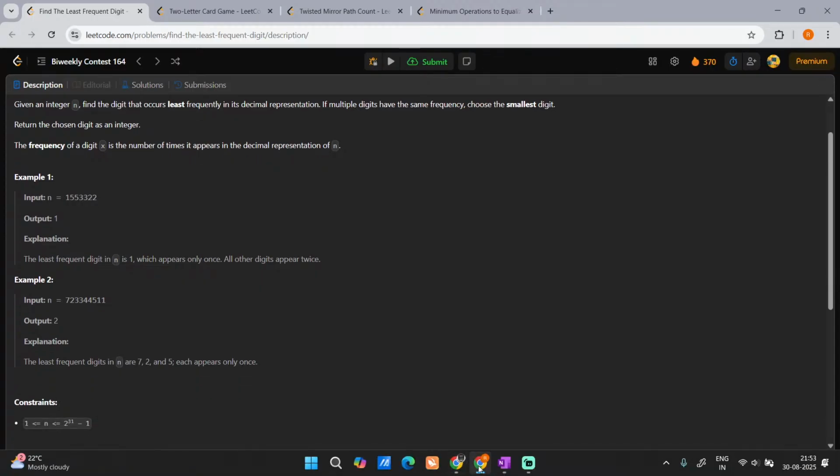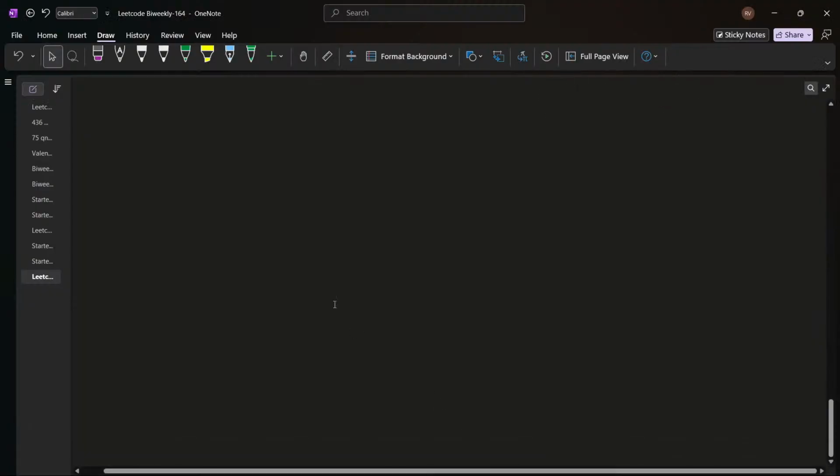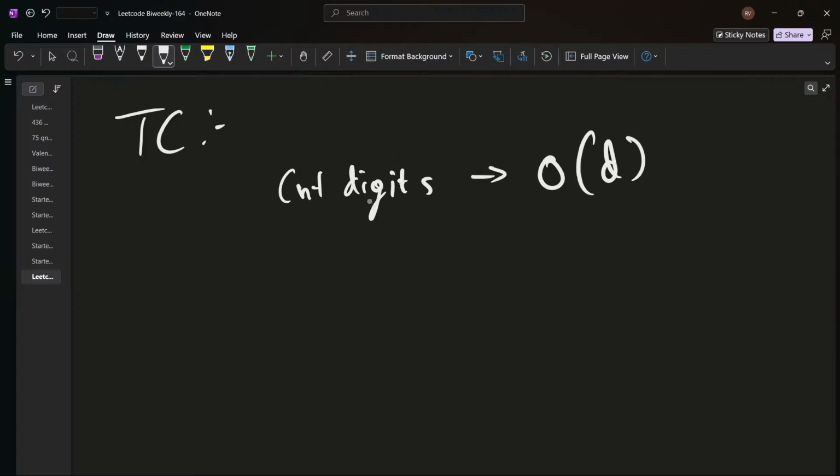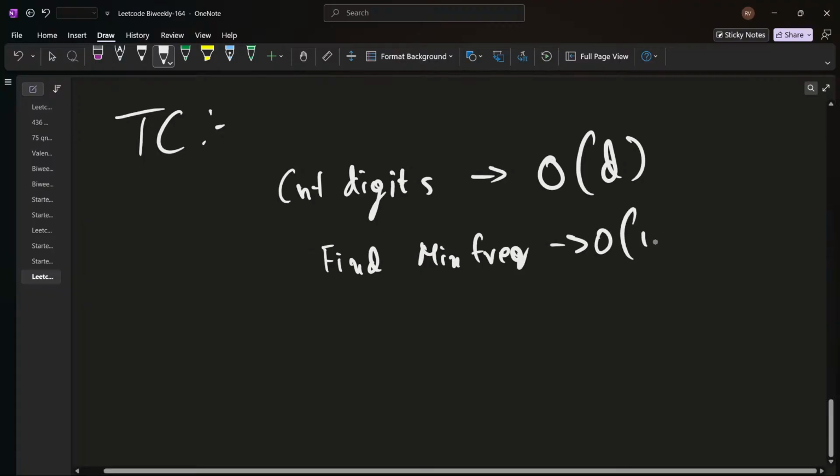Now the time complexity. Counting the digits, where D is the number of digits, will take O of D. Then finding the minimum frequency is O of 10.